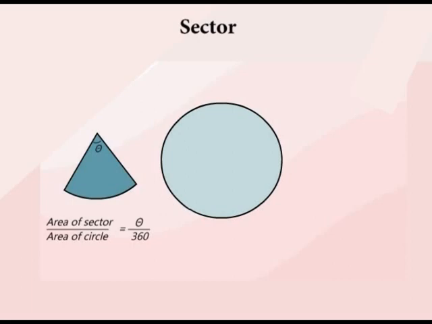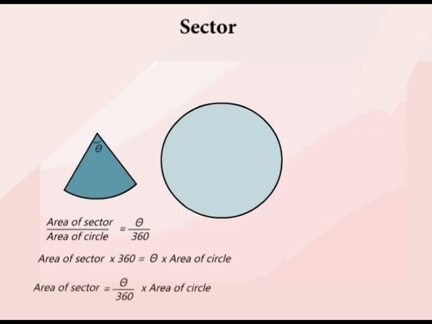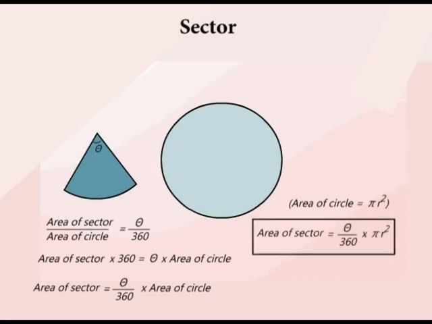If we do cross multiplication, area of a sector times 360 degrees is equal to theta times the area of a circle. If we divide both sides by 360 degrees, area of a sector is equal to theta over 360 degrees times the area of a circle. Area of a circle is given by pi r squared, and so area of a sector is equal to theta over 360 times pi r squared.